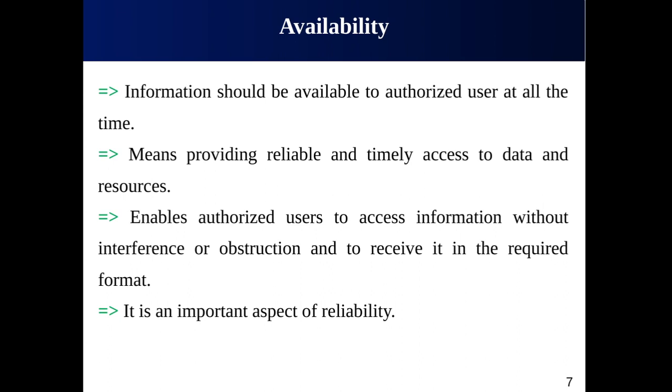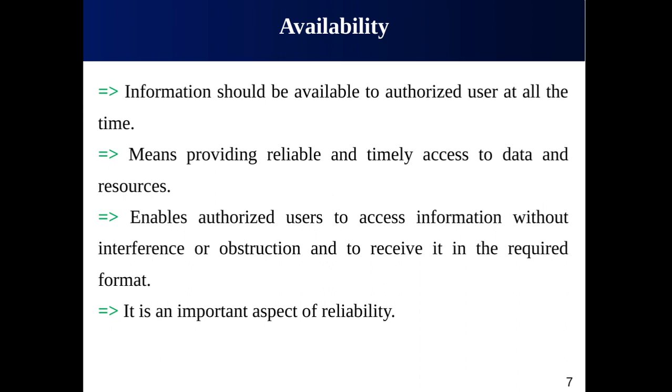And the principle of availability states that the information should be available to the authorized user all the time, which means providing reliable and timely access to data and resources. So availability actually enables the authorized user. When I say user, it means people or computer. Okay, so availability enables the authorized user to access the information without interference, without obstruction.